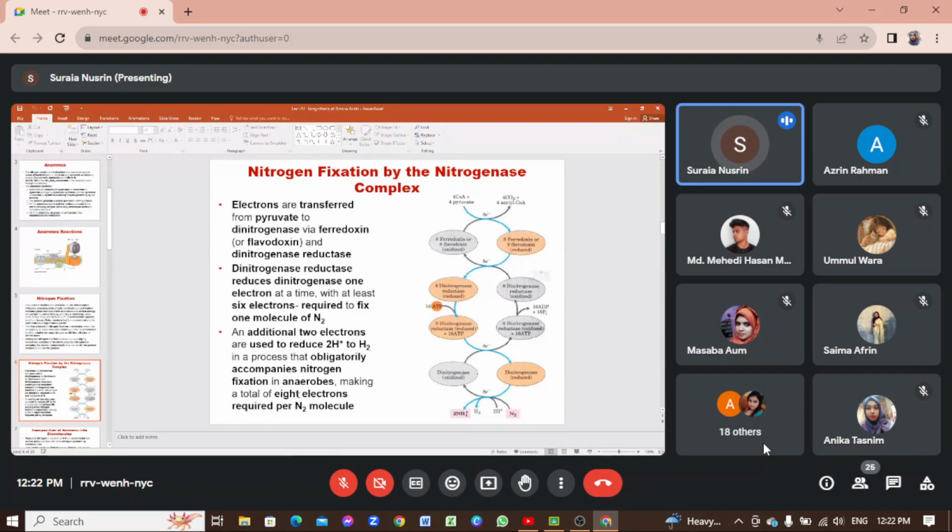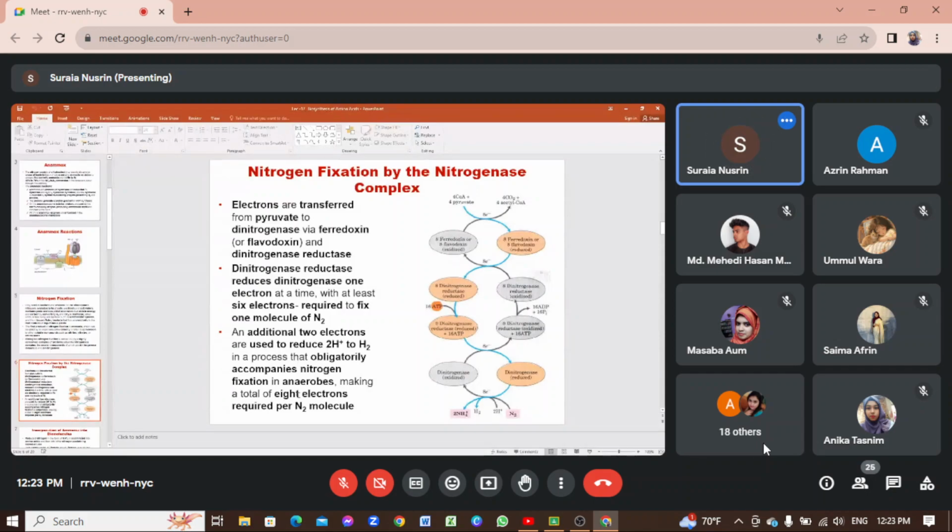So it can deliver a single electron to dinitrogenase, but fixing one molecule of nitrogen requires 6 electrons. Sequentially, one electron is transported at a time, and altogether 6 electrons are required to fix one molecule of nitrogen. Additionally, 2 more electrons are required, because when electrons are given to the substrate, protons are also added.